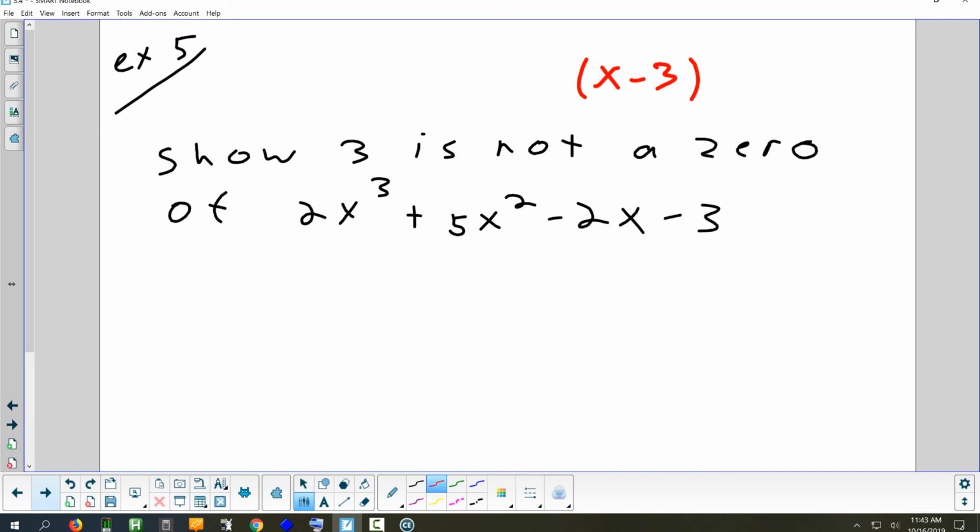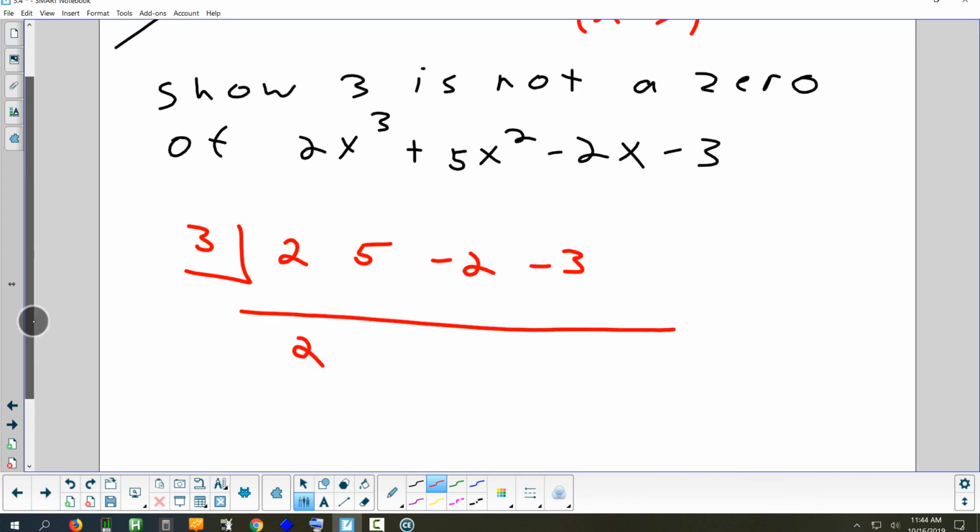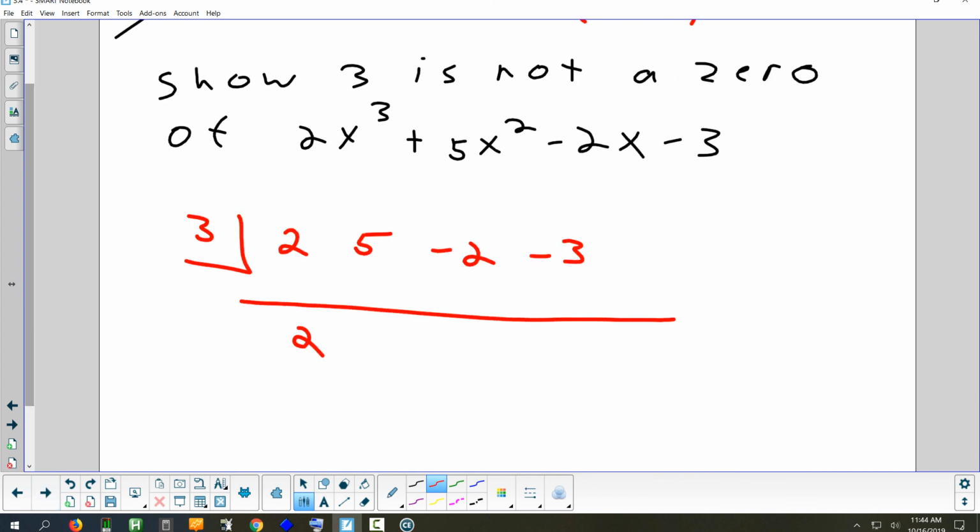And how am I going to show something is not a factor? I'm going to do the division and hope what? Yep. Hope that I get a remainder that's anything except 0. Anything. So let's do it. 3 on the outside. 2, 5, negative 2, negative 3. Come down to 2. 3 times 2? 6. 5 plus 6? 3 times 11? 33.